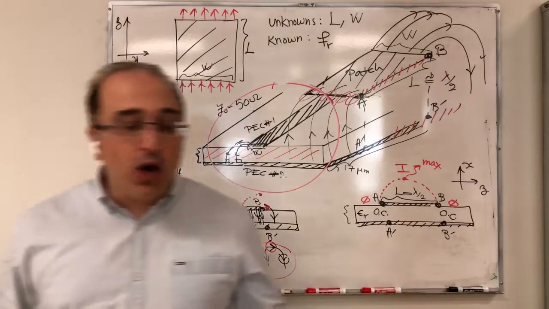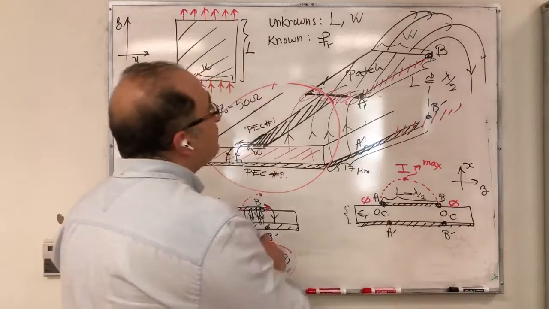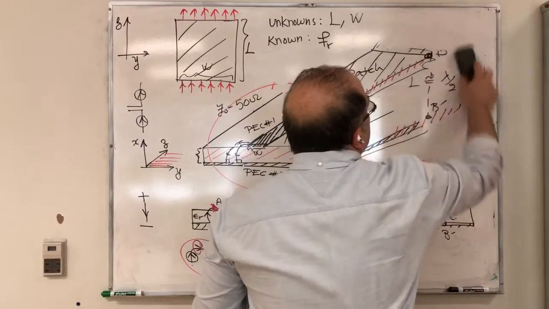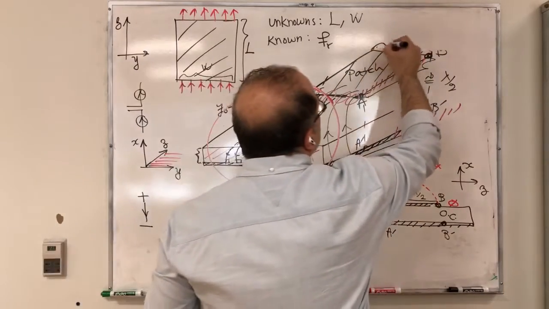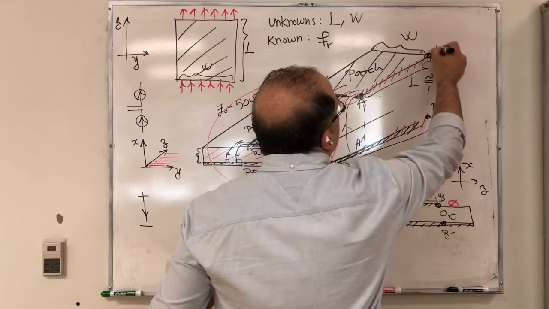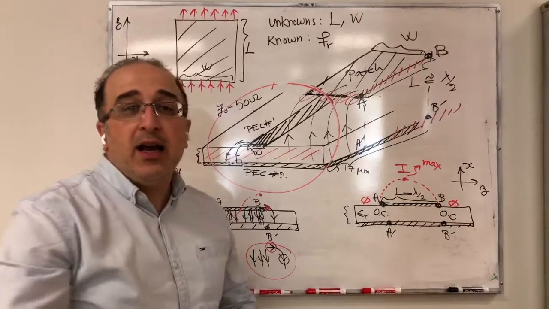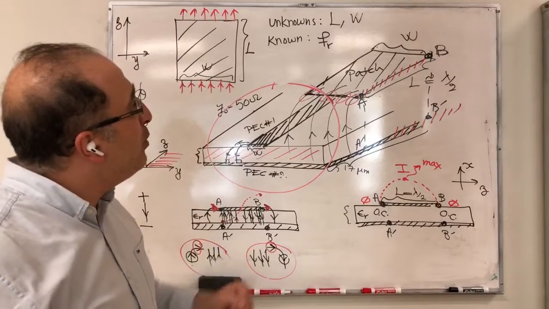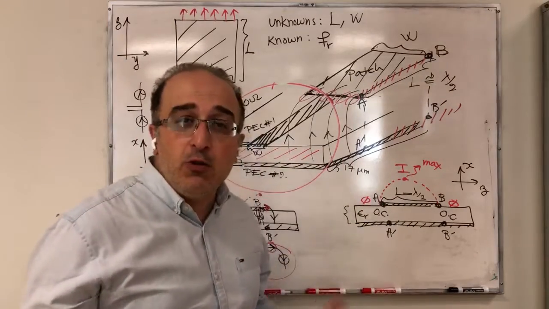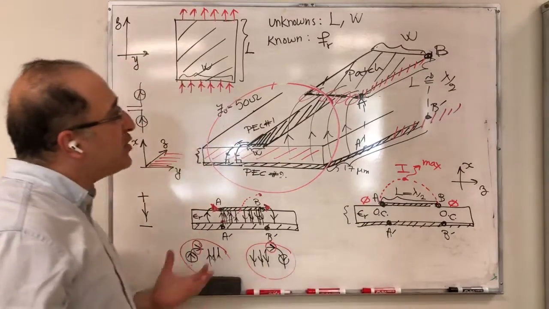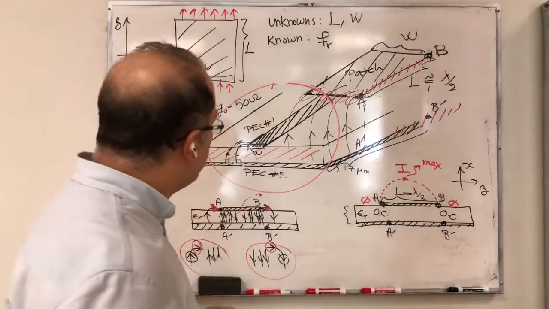Now, when it comes to the width W, this width can affect things like impedance, bandwidth, and so on. But the focus here is having a width that results in good radiation efficiency. And if that's your purpose, you can immediately find W to have a good radiation efficiency for your patch antenna.